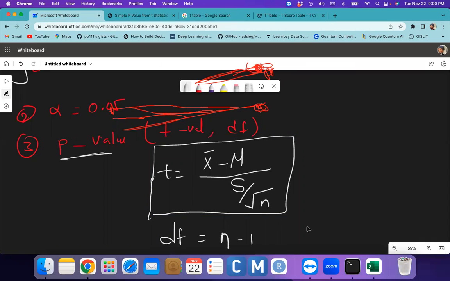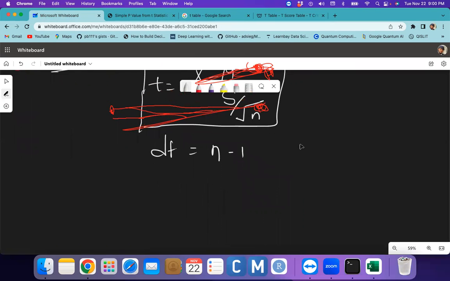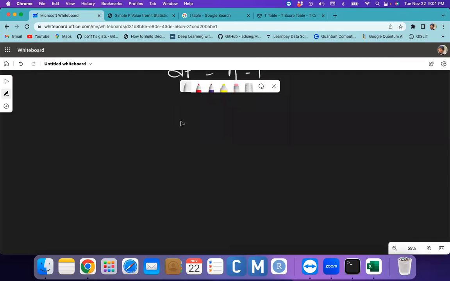Is it clear? So here we should remember some assumptions. When you're talking about a statistical test, we need to remember some assumptions. The first assumption is that whatever sample data we have, that particular variable should have no outliers. How can you say there are no outliers?